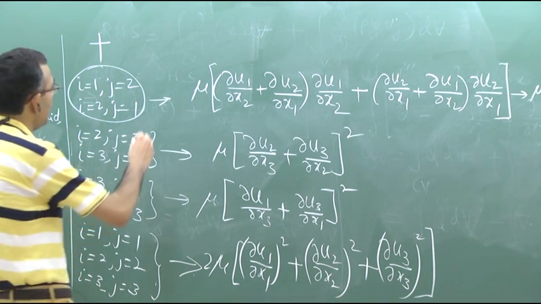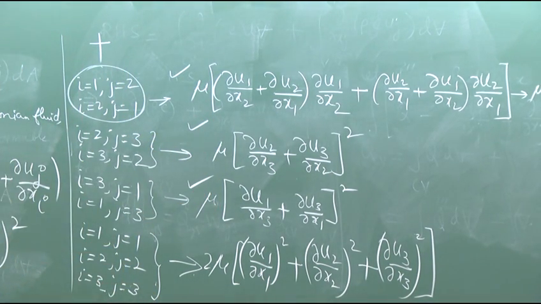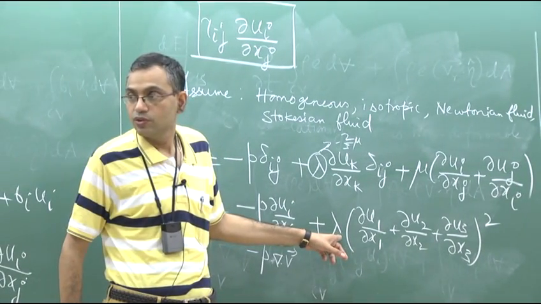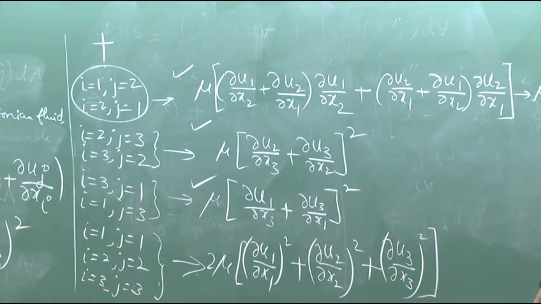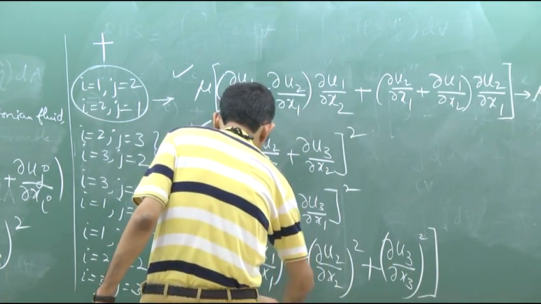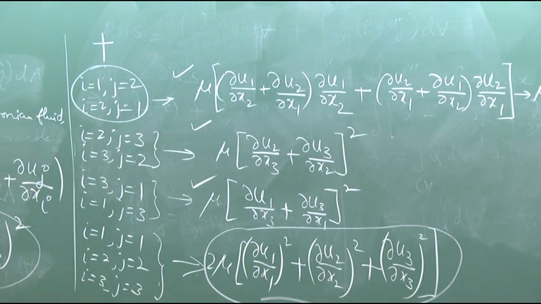So now it is trivially clear that these three terms together are positive. Of course this term is positive, but this term together with this term, whether it is positive or negative, has to be adjudged. Why? Because lambda is negative, lambda is not positive, lambda is minus 2/3 of mu, where mu is positive. So we will try to show that this term together with this term eventually becomes positive. So let us try to do that exercise.